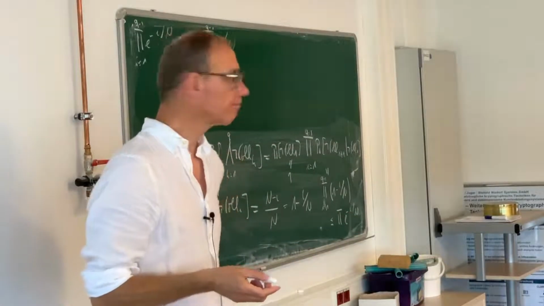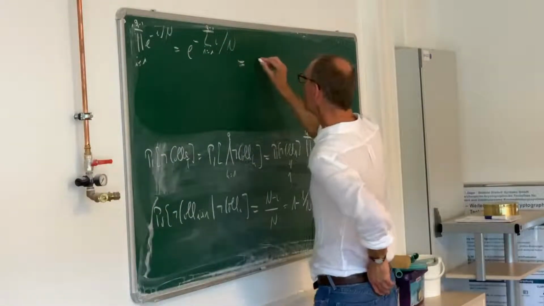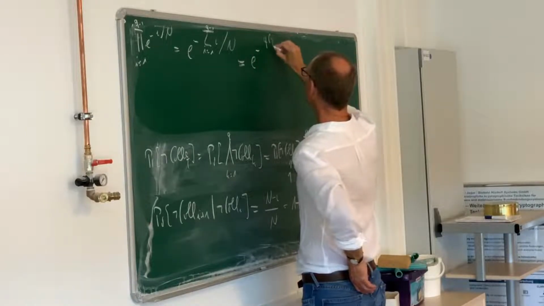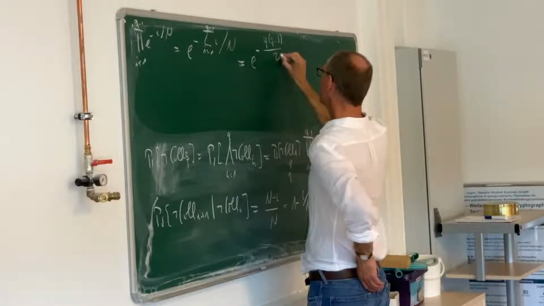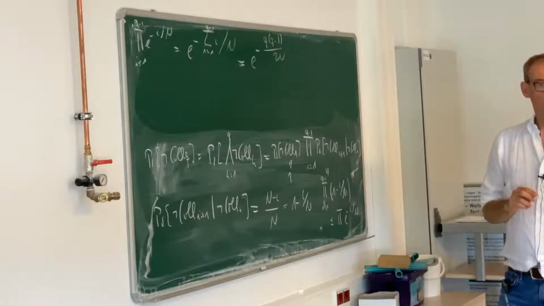Right? Which is the same as e to the minus q times (q minus 1) divided by 2N. Okay.